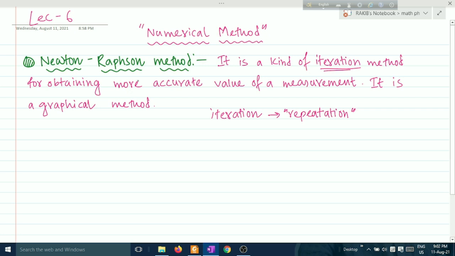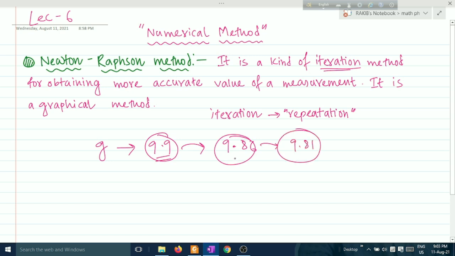Say g, the gravitational acceleration, is somewhere around 9.9. We use the iteration method to make it more perfect. Say after the first iteration it becomes 9.86, and after the second iteration it becomes 9.81. This is the repetition.